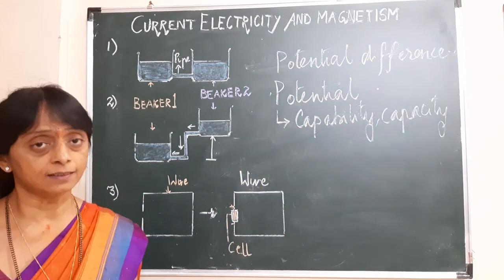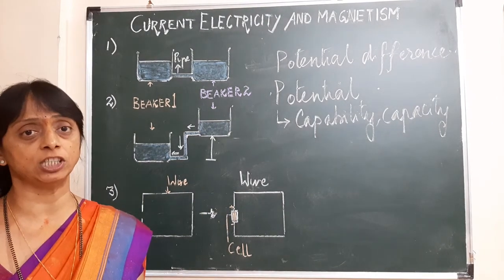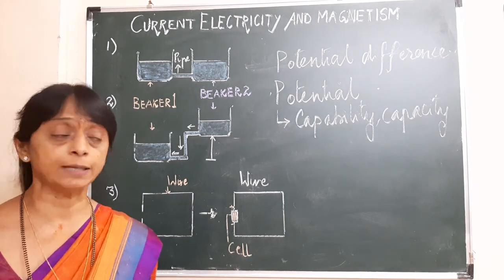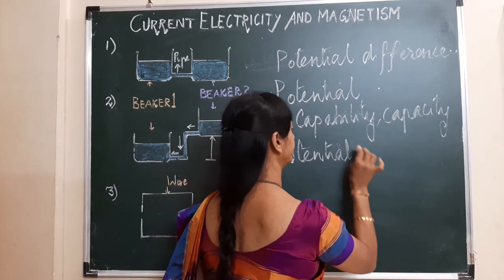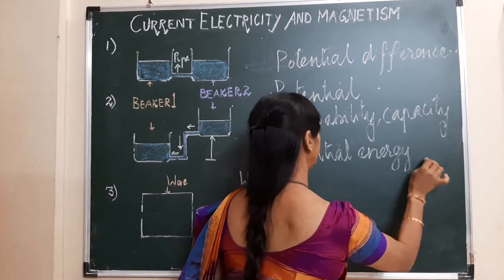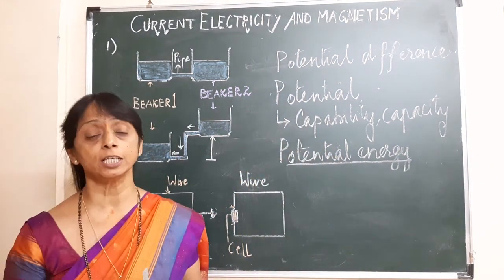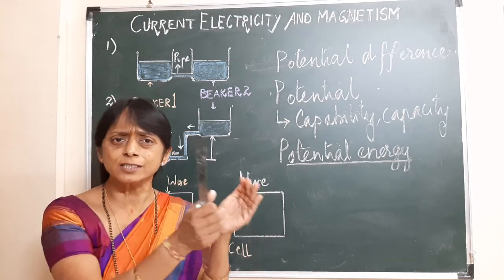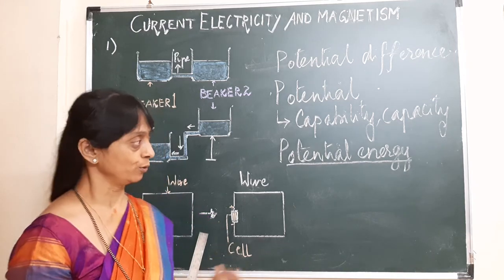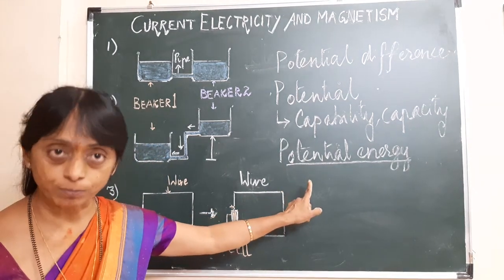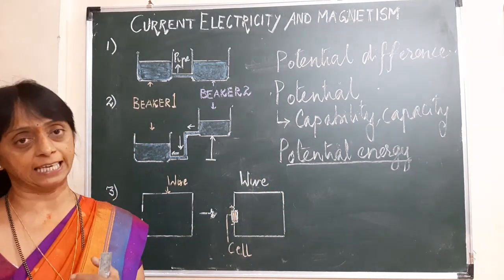But in science, we term it as potential energy. What is potential energy? It is the stored energy in an object due to its position. So, energy possessed by an object due to its state of rest is called potential energy.